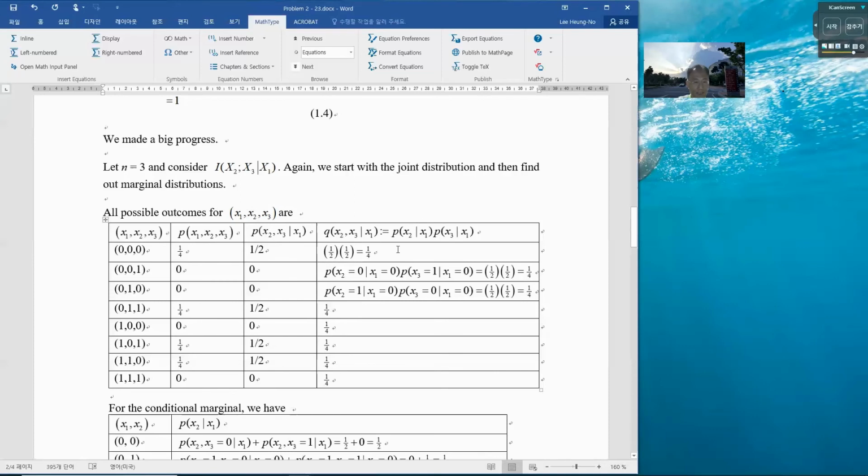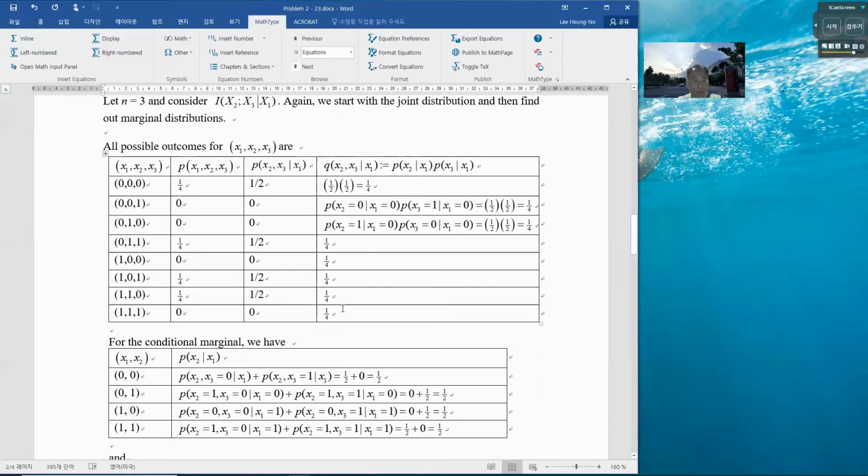In this case, when you consider each one of these conditional distributions, let's say p of x2 given x1, p of x3 given x1, they are all half for each and every case.